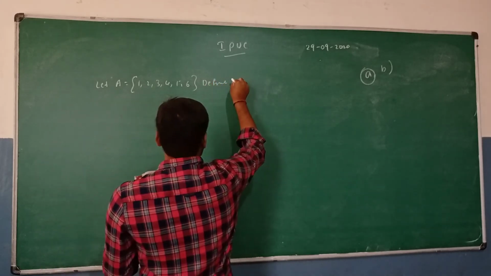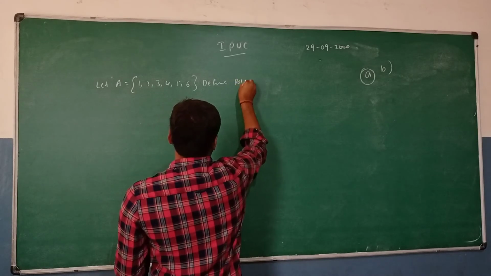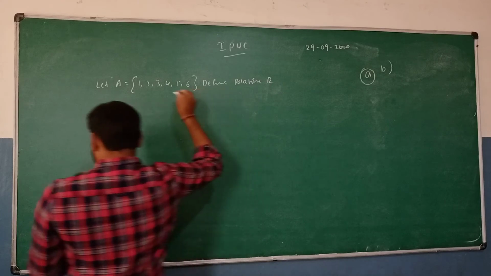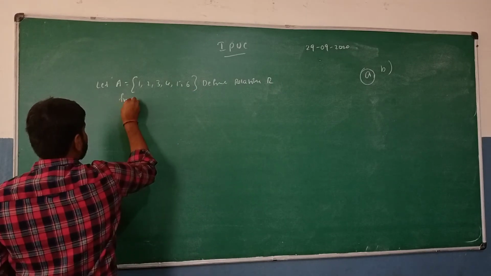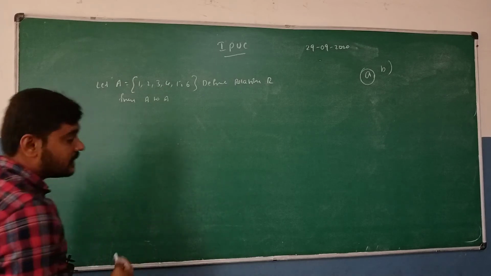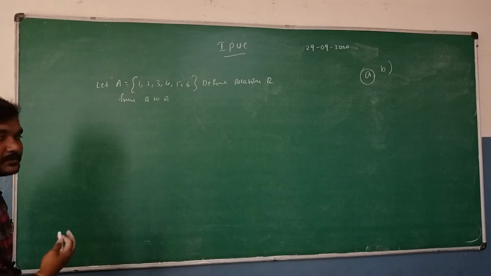Define relation R from A to A. So the first set is going to be the set A, as well as the second set is going to be the set A.